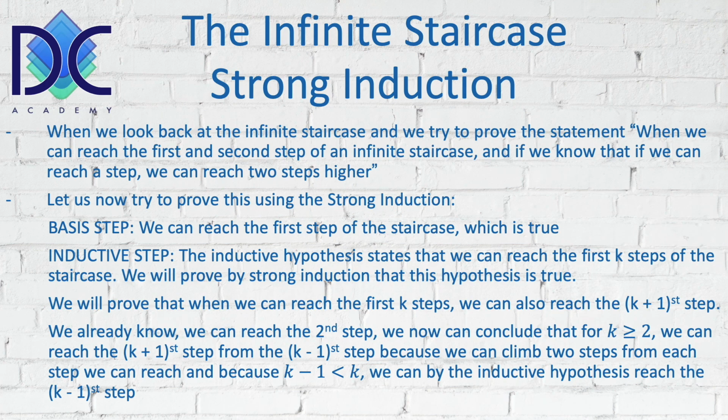So basically, using strong induction, by the fact that we look at P of all those intermediate steps, we can also prove that when we reach the k minus first step, we can also reach the k plus first step, which is 2 steps ahead. So strong induction in this case proves that this statement is true, and this would not have been possible to prove using classical mathematical induction.